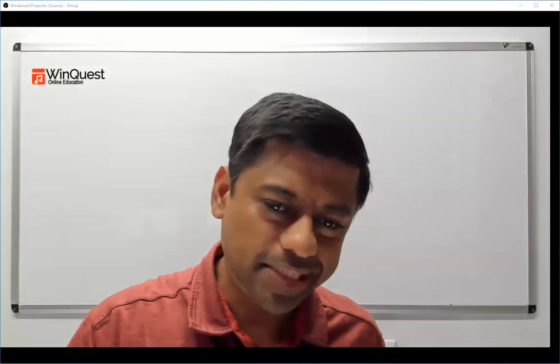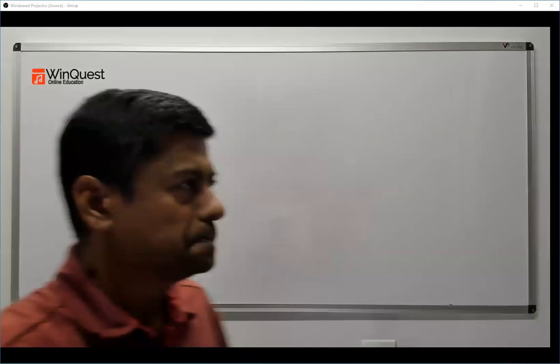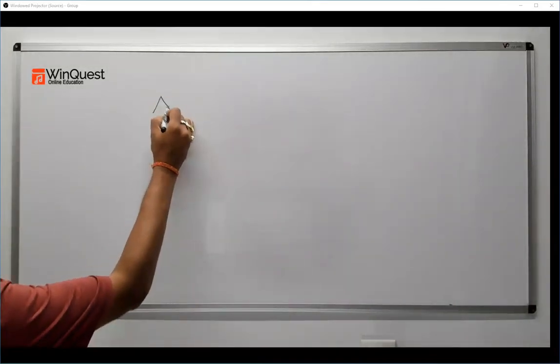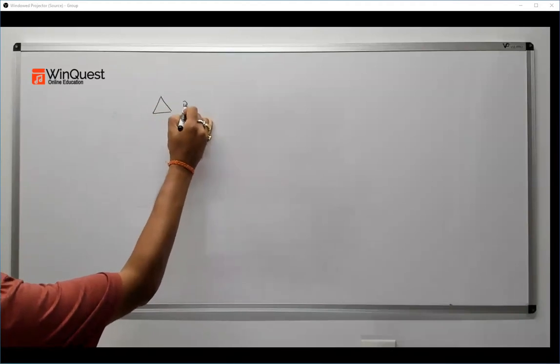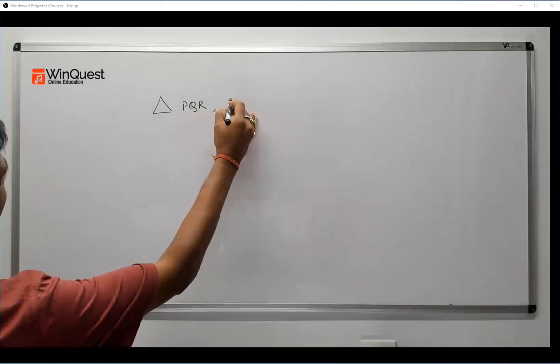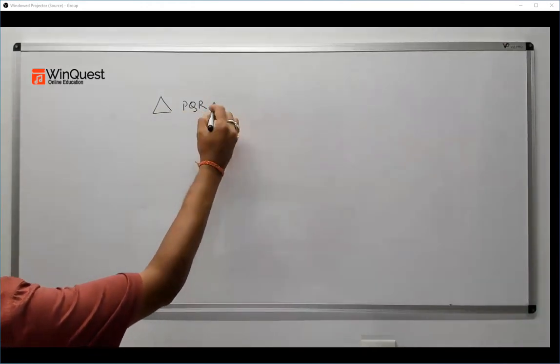Now let's take a sample question. There is a triangle PQR, and it is said to be a right angled triangle.